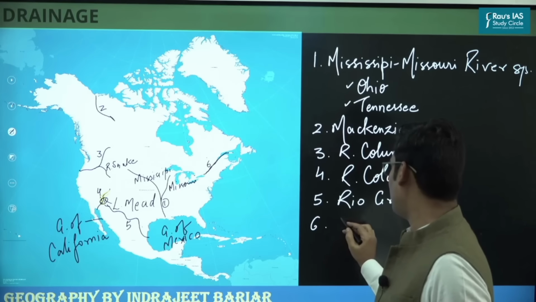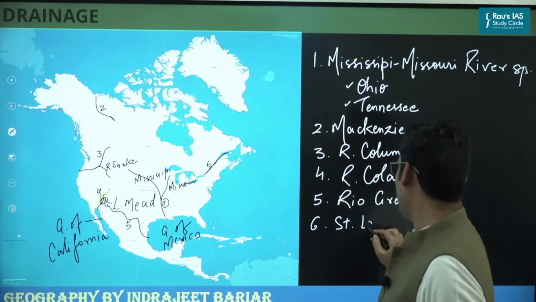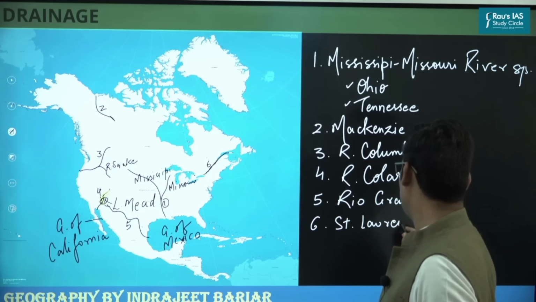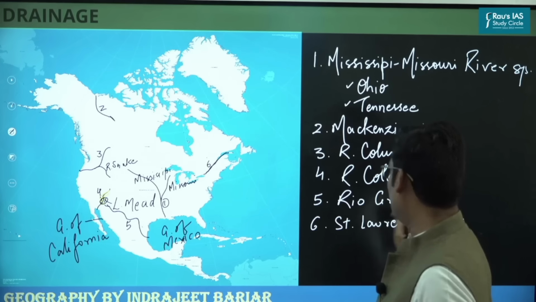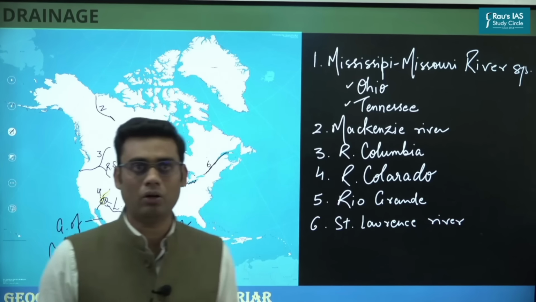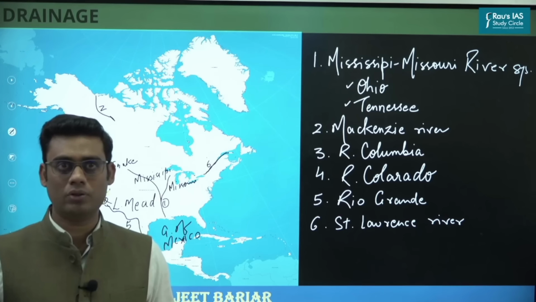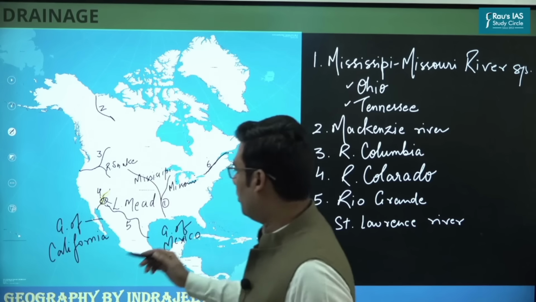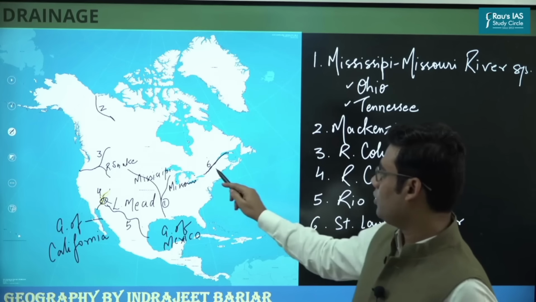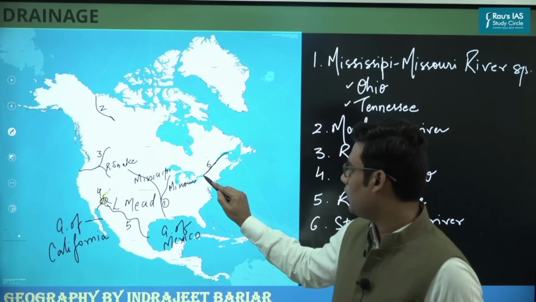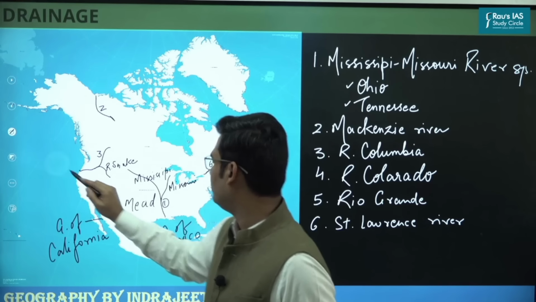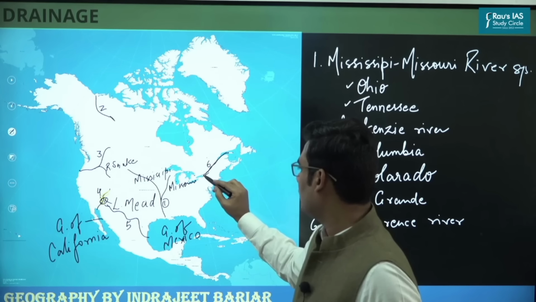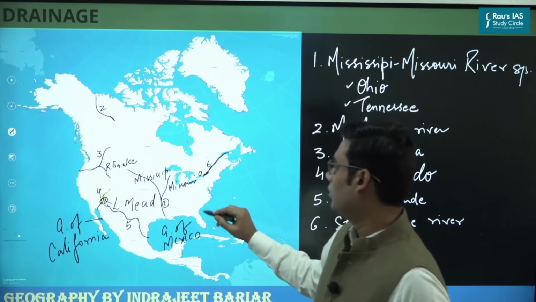This river is called the St. Lawrence River. Looking into the map, what you see is this river originating from Lake Ontario. Yes, this becomes Lake Ontario.